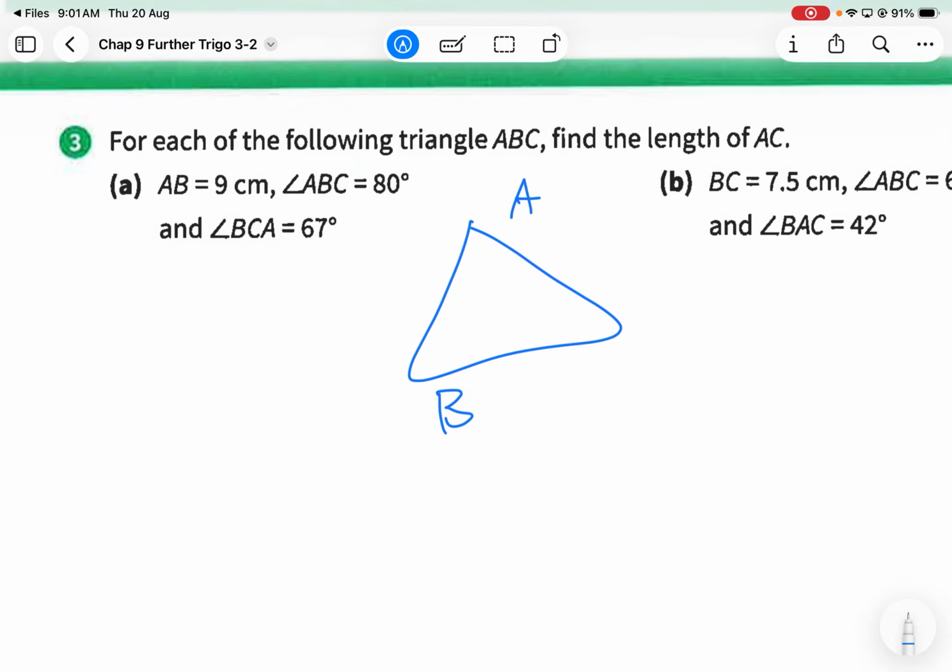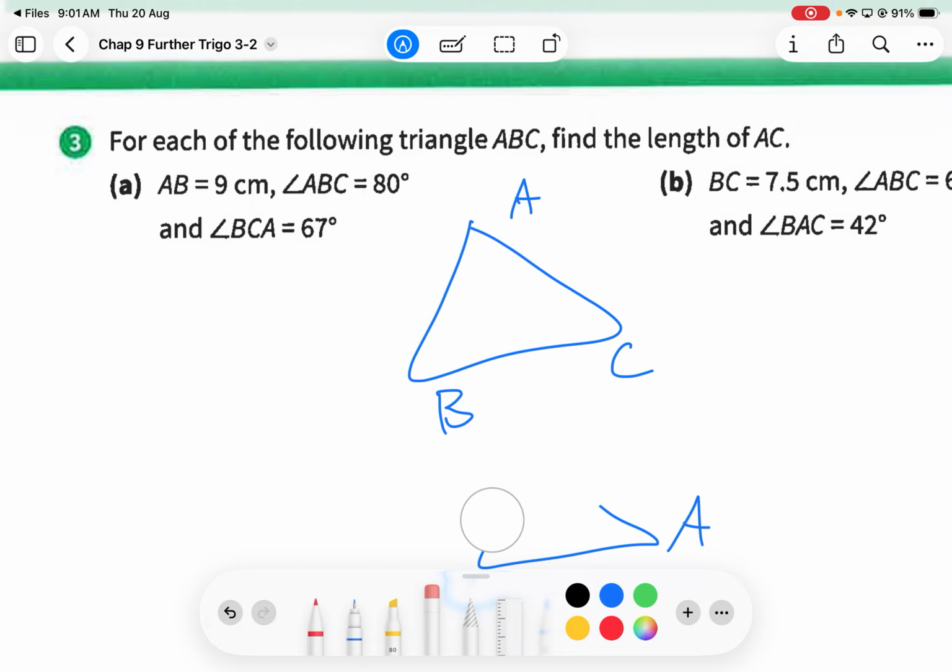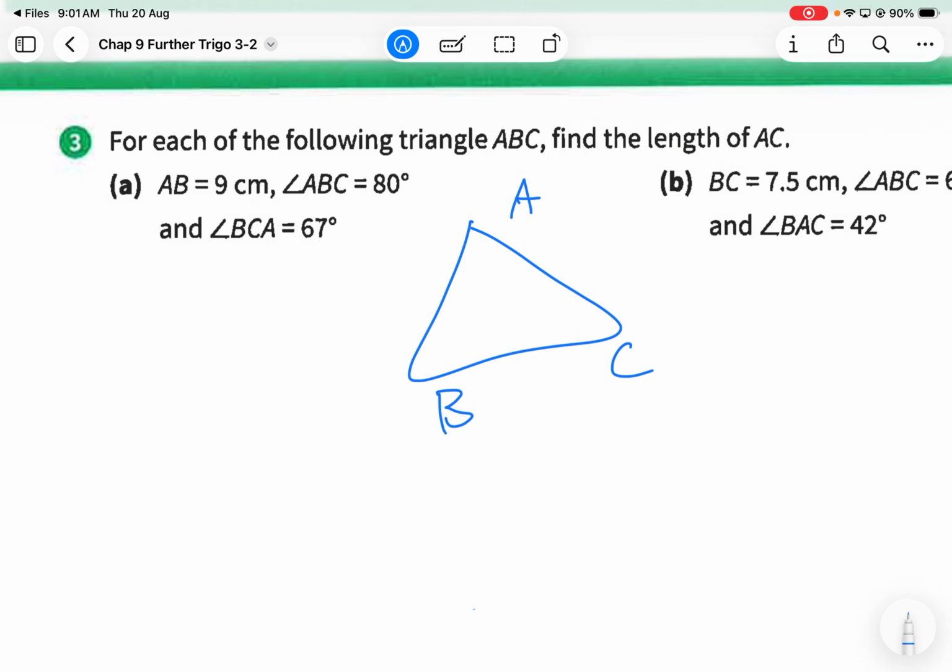You can just anyhow write ABC, because even if you give different names, at the most it is just a mirror. Never mind. So for a triangle, however you sketch also never mind. Then you put in the values. AB is 9. Here is 80.